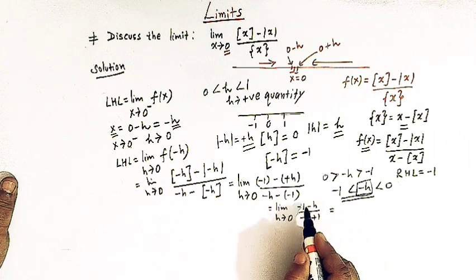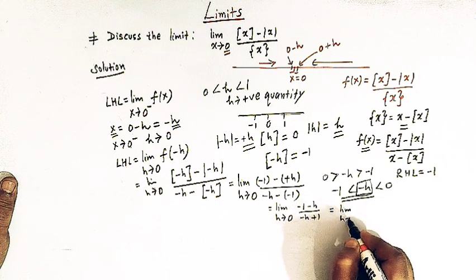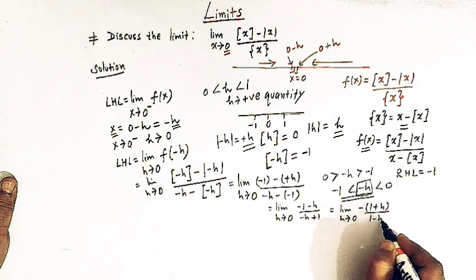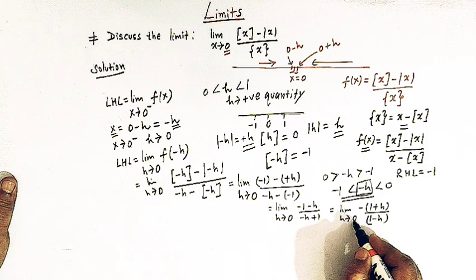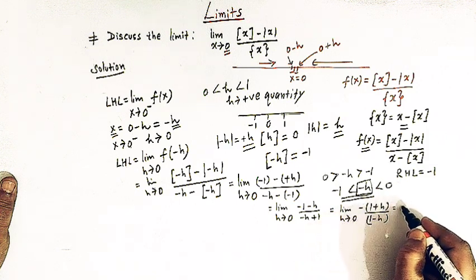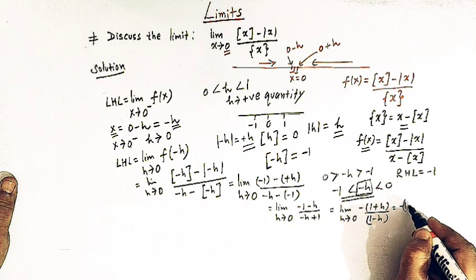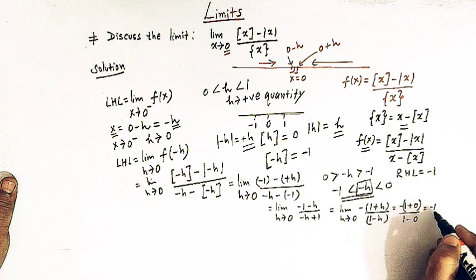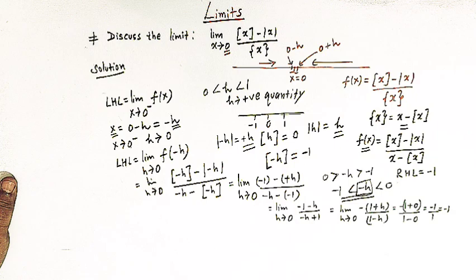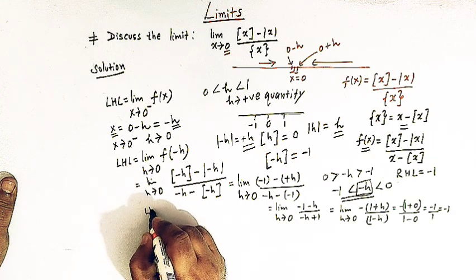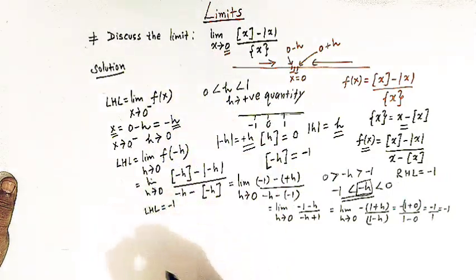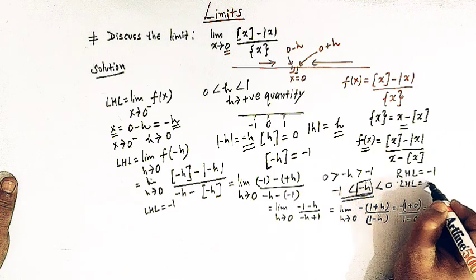Now taking the negative sign common, we can write limit h tends to 0 of minus 1 plus h divided by 1 minus h, right? So now taking h equal to 0, we have minus 1 plus 0 over 1 minus 0. So this is minus 1 over 1, that is equal to minus 1, right? So the left hand limit of this function when x approaches 0 is also equal to minus 1.